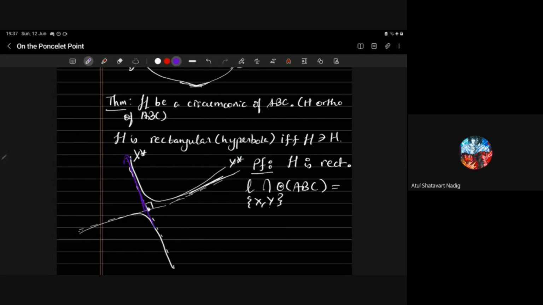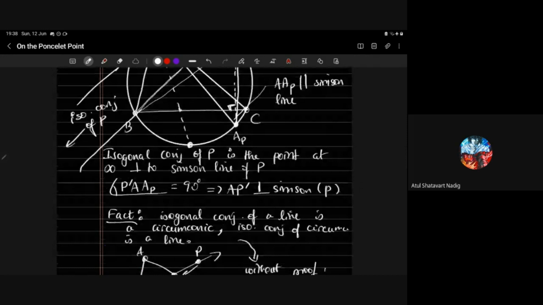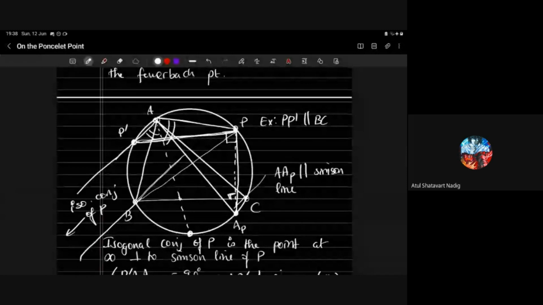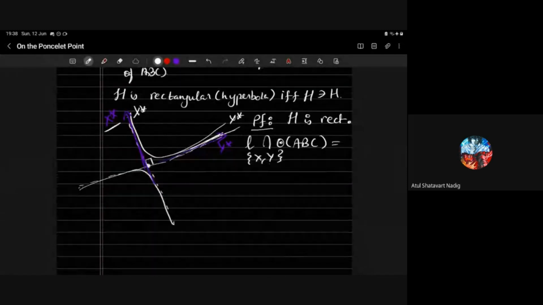So here's X star, Y star. And we know X star is the point at infinity along the perpendicular to the Simpson line. So that's what I did here. Similarly, Y star is on the infinity perpendicular to the Simpson line of Y.